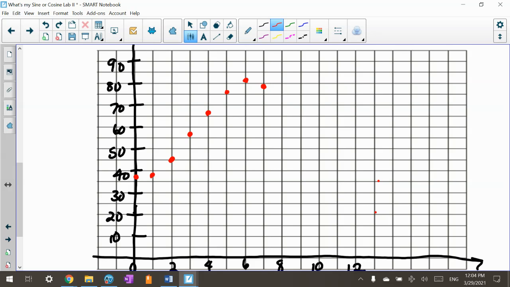For 8, it's 72.3, about here. For 9, it's 62.5, so you're about here. 10 is 47.6. And 11 is 35.4.